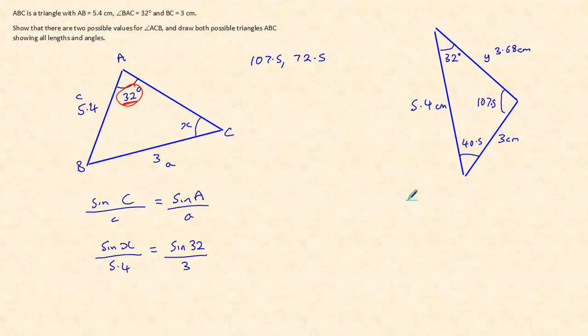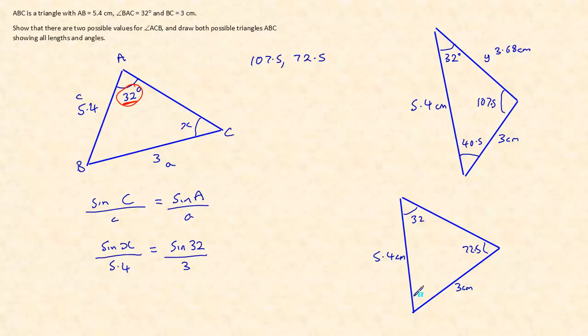Now the second triangle has the acute angle 72.5 at that corner. So this is 72.5 now. Of course, this angle up here is still 32. This is 5.4. This is 3.